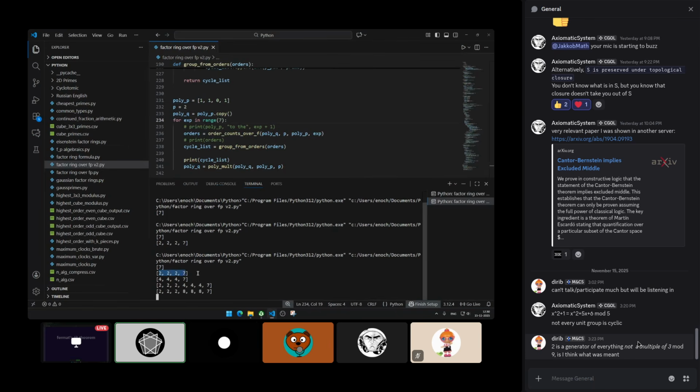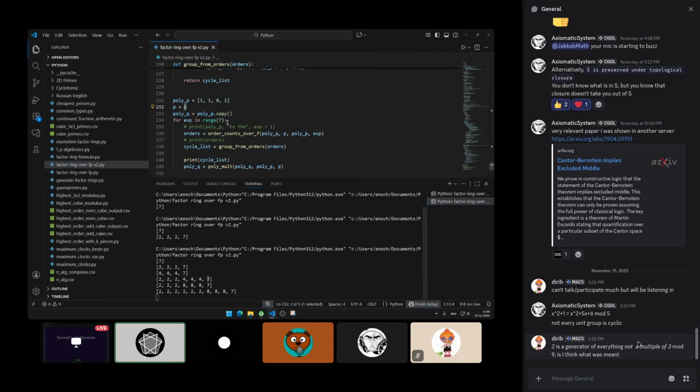So each of these is another power of this polynomial. So we get 3, 4 cycles in a 7, and then 3, 2, 3, 4 in a 7. Because this is a cubic polynomial, mod 2, each time we raise it to another power, we're gaining 3 extra degrees. That's adding an order of 8 to the cycle.